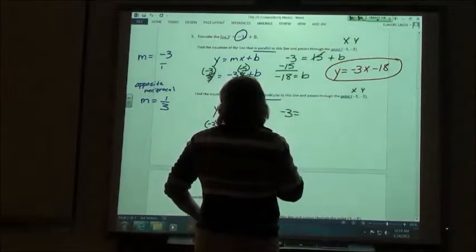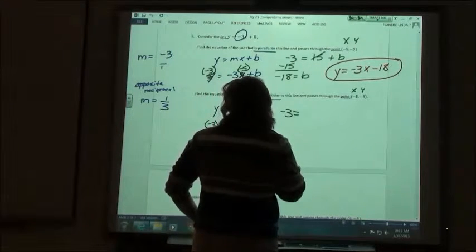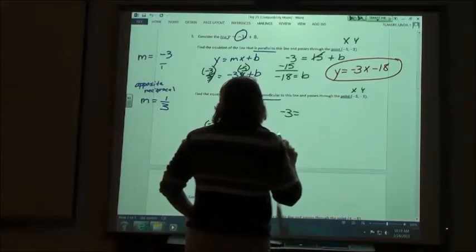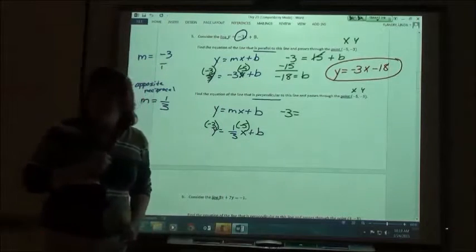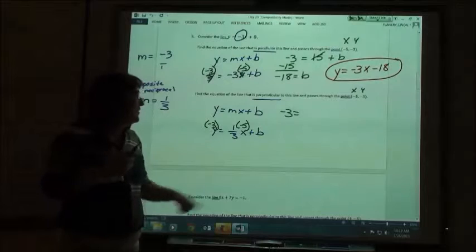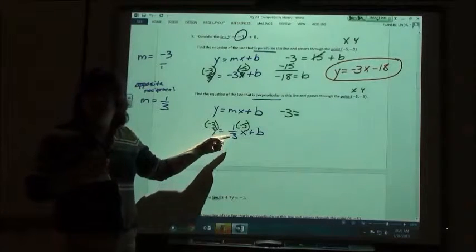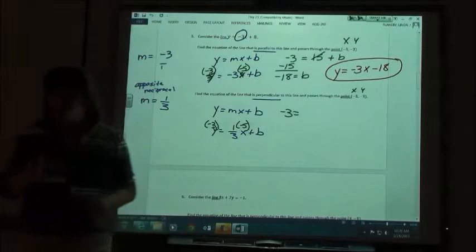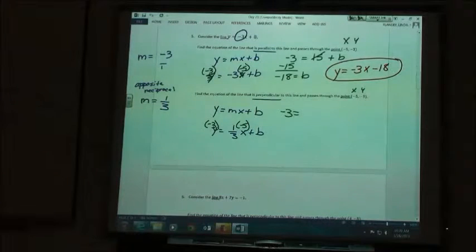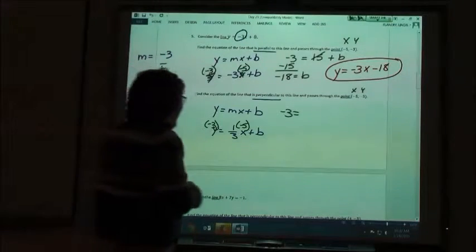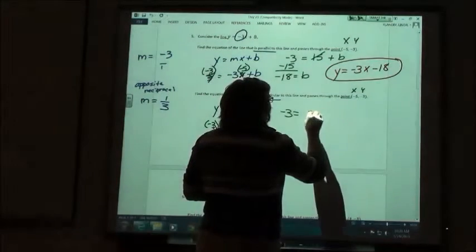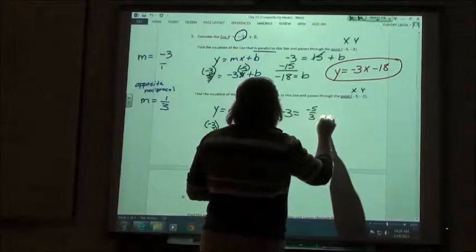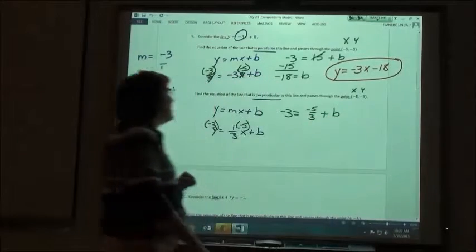Equals 5/3. Positive or negative 5/3? What did you type into your calculator? 1/3 times -5. That's what you should put in there. Negative 5/3 plus b then, right?